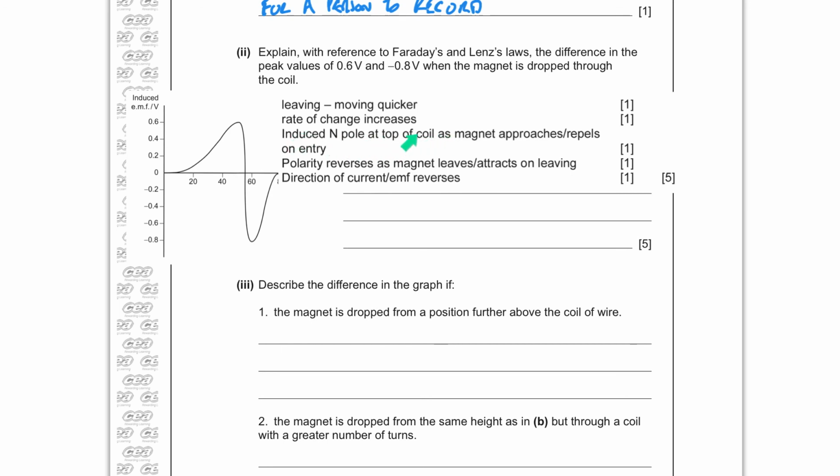The idea that it will oppose the motion on the way in, and that the polarity will reverse on the way out so that it can still oppose, and that causes the EMF value to reverse. So the reversal corresponds to this moving quicker, so we get a bigger peak on the way out. And you can see they're looking for various aspects of that to get all 5 points.